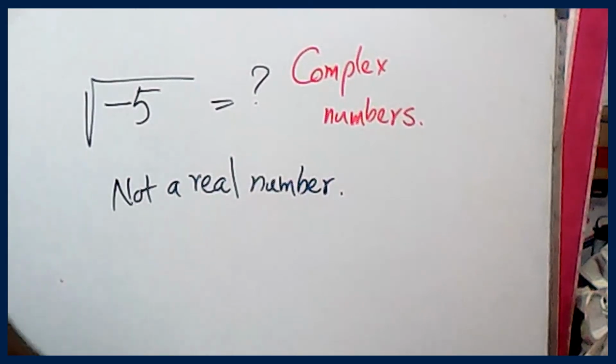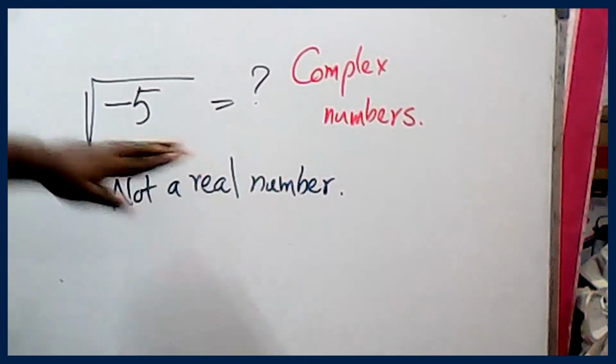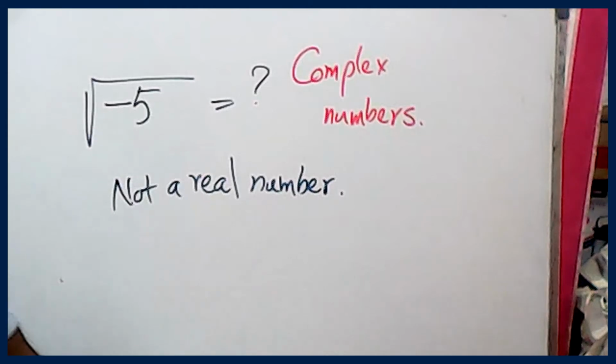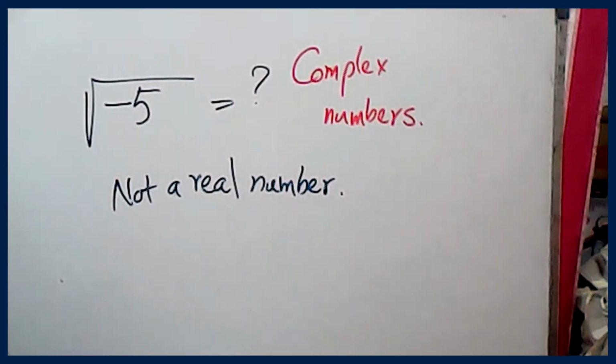The reason is you can't mark the square root of minus 5 on the number plane or number line. I hope you got these ideas, which are very, very useful.